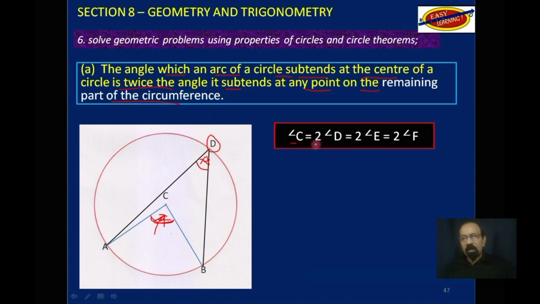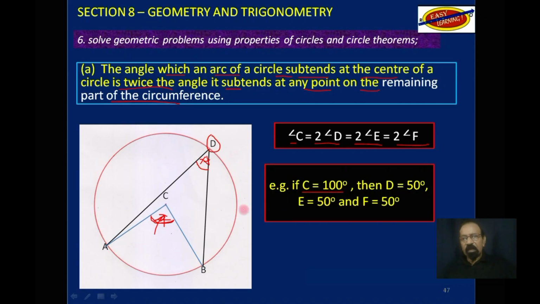Angle C is equal to 2 times angle D, and then we will put in an E and an F just now. That is to say, if C is 100 degrees, then D is 50 degrees. If you take another point E here, and you draw two more lines from this same arc, then this angle here, in relation to the one at C, C is twice that one there.